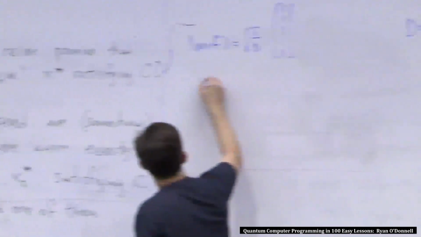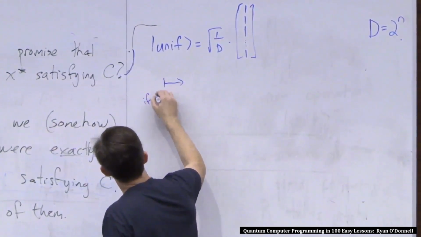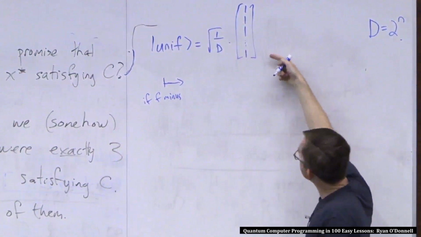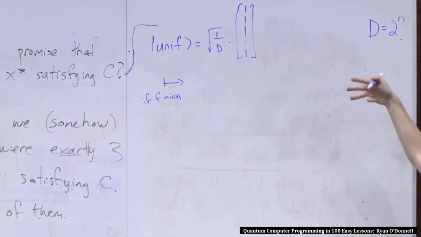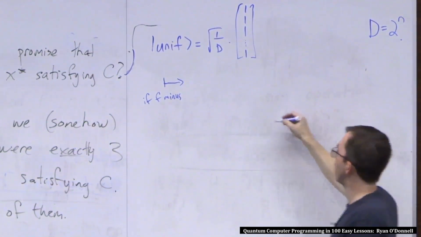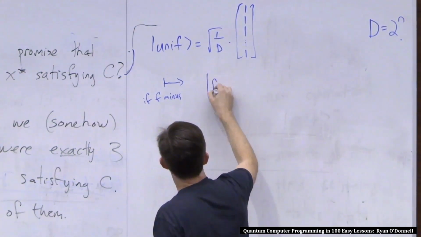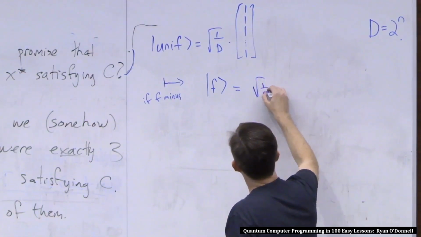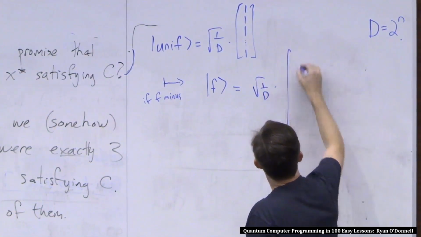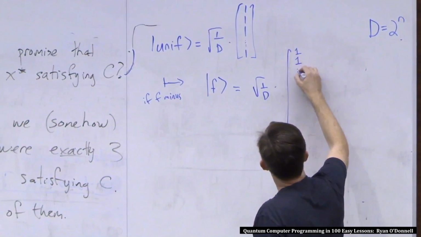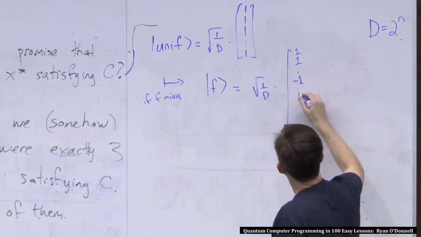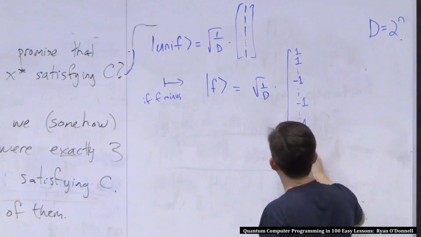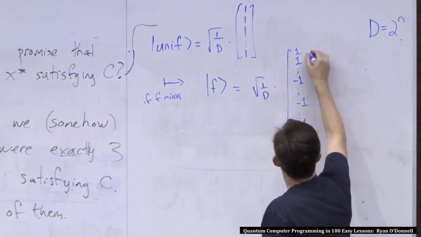So let's work that out. We do if f then minus. And what do we get? Well, it's a similar thing, except now there are 3 special unknown coordinates that get flipped to negative. We're still going to call the resulting vector using the notation cat f, and it's going to look like 1 over square root d times, well, mostly 1s, but then there's going to be a -1, and some other -1, and maybe some other -1, but the rest 1s.